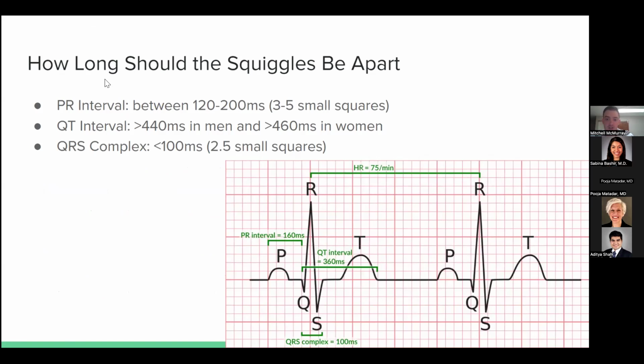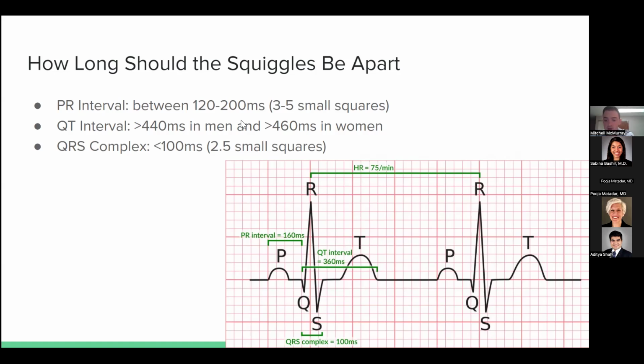How long should the squiggles be apart? So each interval has its normal range, and when they're outside of the normal range, that can cause issues and different pathologies. So, for example, the PR interval, from the start of the P wave to the start of the QRS complex, from here to here, should usually be less than 200 milliseconds, which is 3 to 5 small squares.